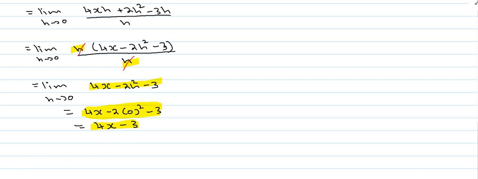Let's look at question number 2. Question B: find the derivative from the first principle when f of x is given by negative 3x cubed.